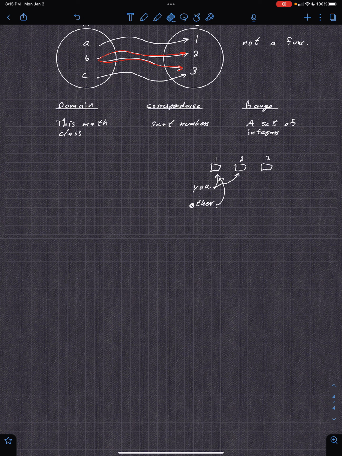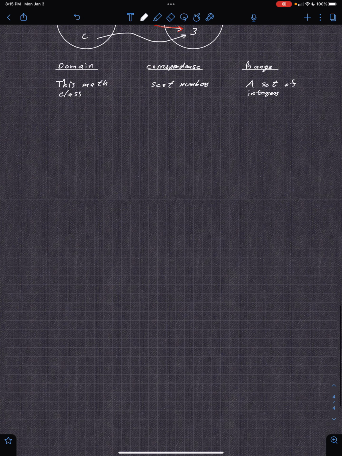Okay, so think about that, how that would work. I wrote this one so you can picture what's going on, not necessarily just memorize some definition. Here's another one. So the same domain, and let's suppose the correspondence is siblings, your brothers and sisters that you have. The range would be a set of people.